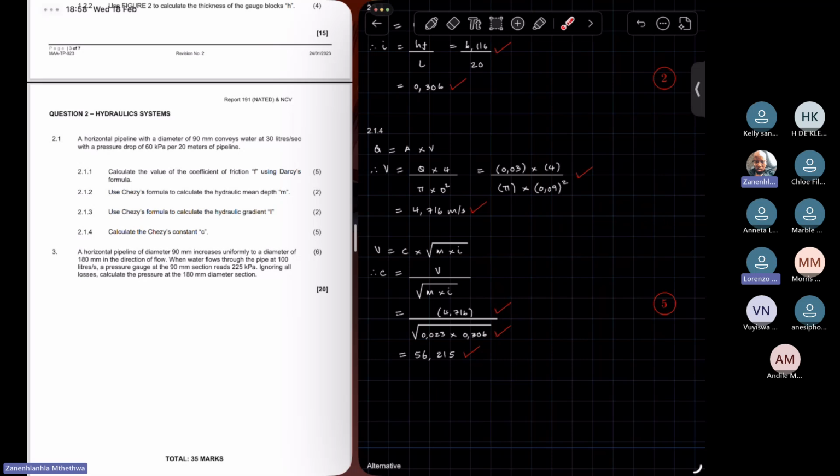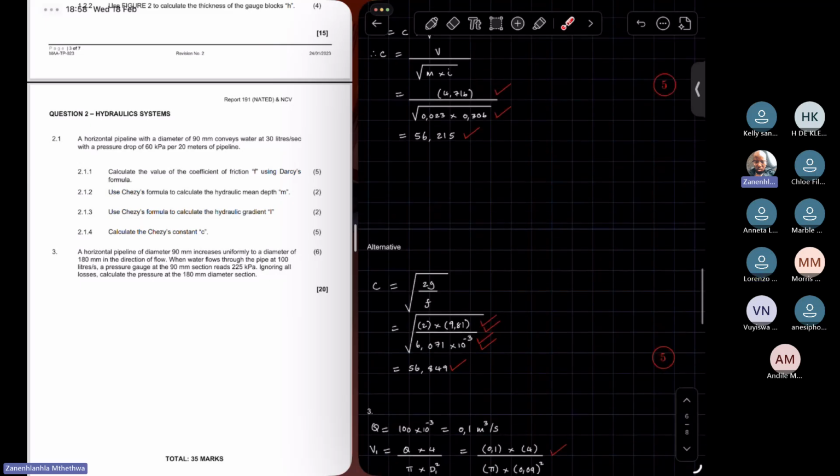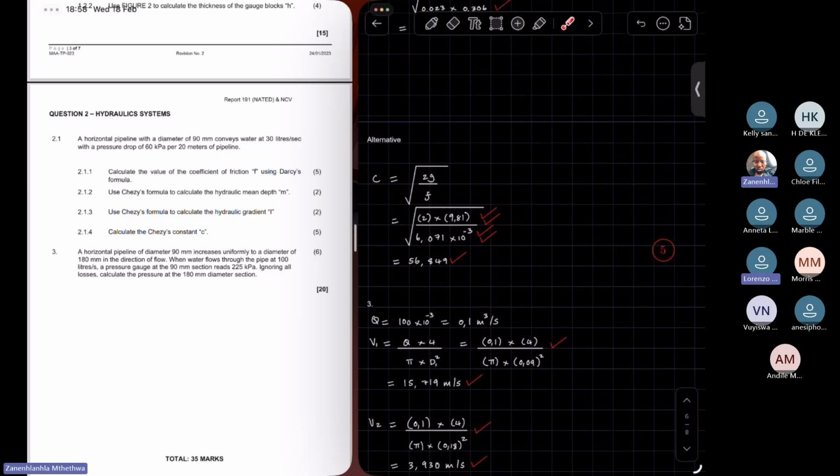In that formula, C equals square root of 2G over F. So my answer I got is 57.184, not the same as yours. I just want to know, will I be incorrect? Because I noticed the answer you did for F, you had something else.